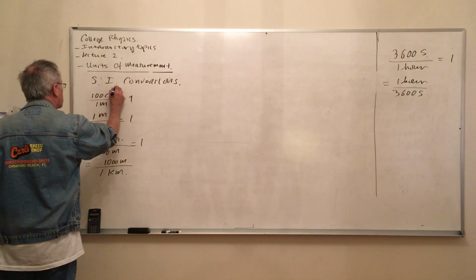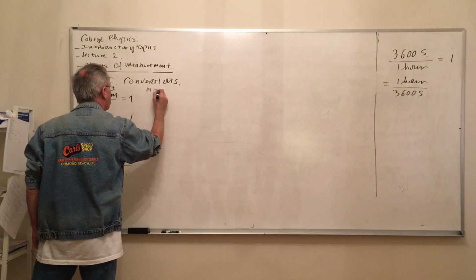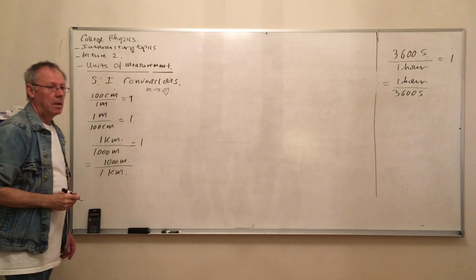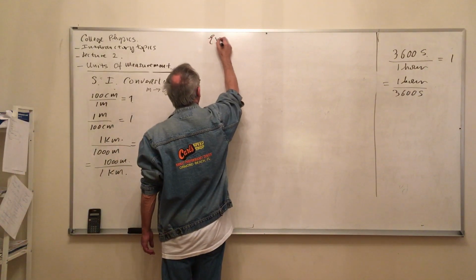I could equally make these grams. The M can be replaced by gram. Or it could become liters. So we'll do an example.